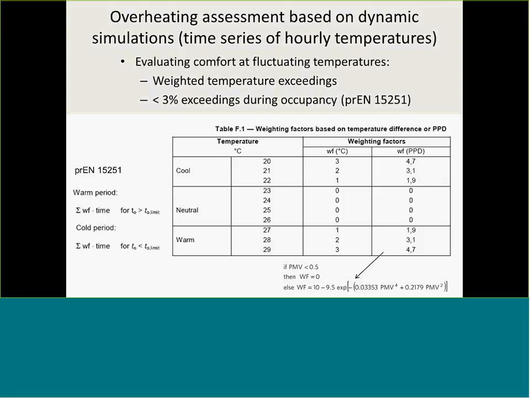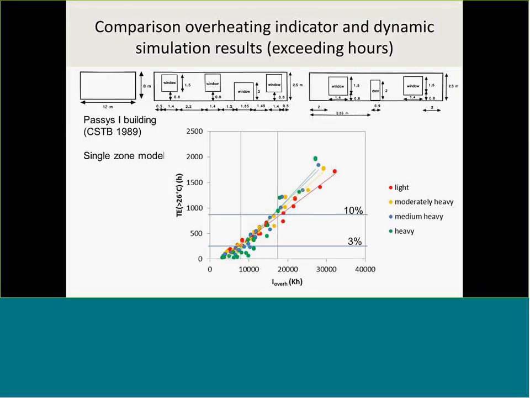We can also include a weighting factor, for instance, based on the predicted percentage of dissatisfied, the larger amount of dissatisfied compared to the situation at 26 degrees C. And in this case, we can count the number of weighted temperature exceedings per year. As a requirement, the European standard EN 15251 gives as a guideline that the temperature exceedings should not be larger than 3% per year during occupancy. Okay, let's have a look at some results.